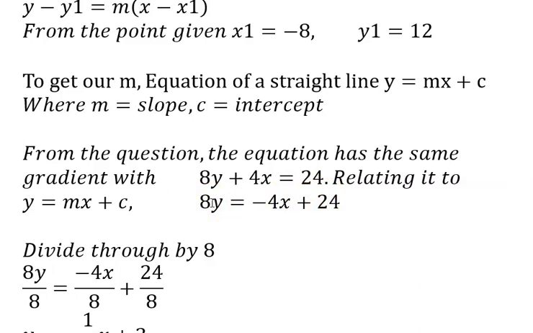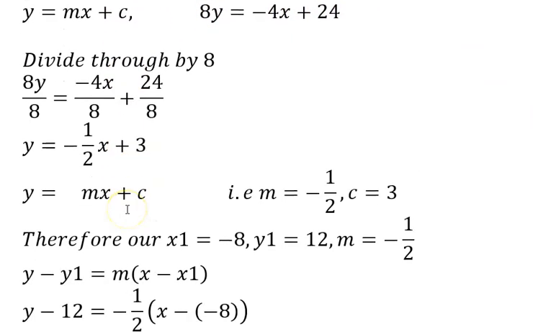If we divide both sides by 8, our 8 cancels out this 8. And 4 over 8 gives 1 over 2. 24 divided by 8 will give us 3.